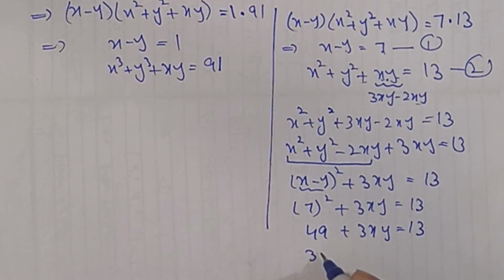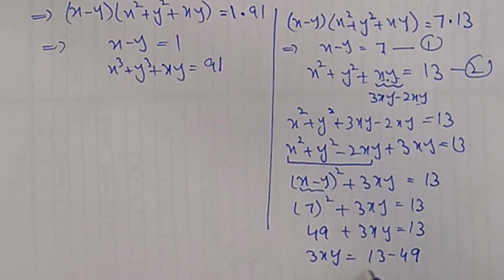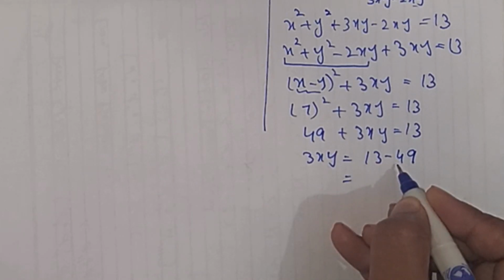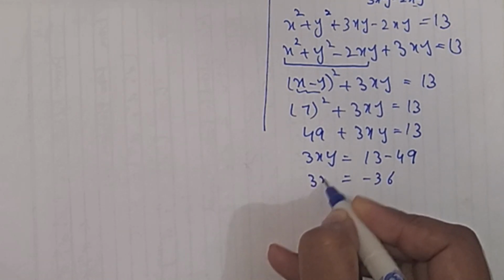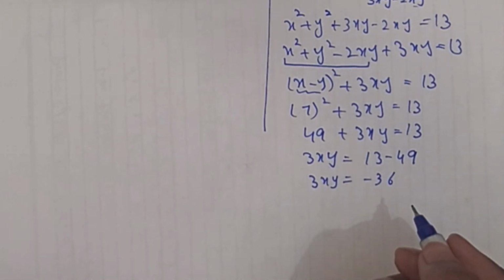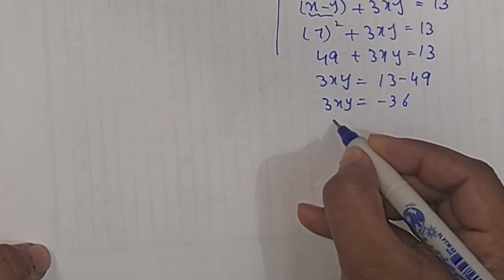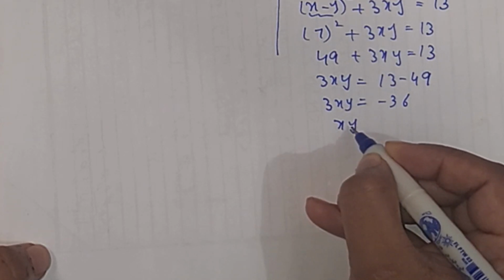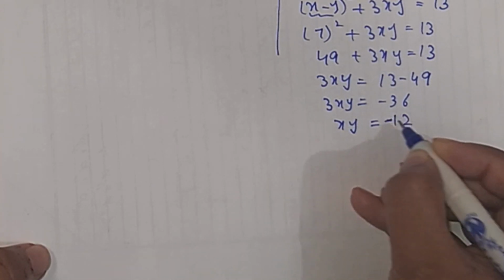So 3 times xy is equal to 30 minus 49, and 30 minus 49 is minus 19. In the next step we divide this equation by 3 on both sides. So the product of xy is equal to minus 12.